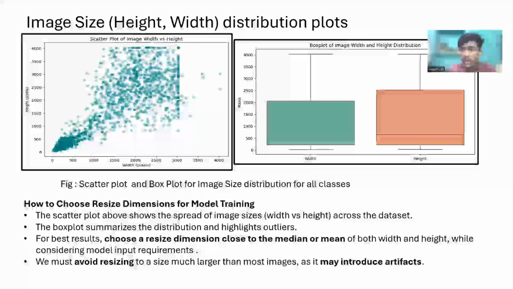But there is also a fact that we must always avoid resizing to a much larger size. For example, if you take this image, it may have some patterns over it. If you resize it, those patterns will get elongated, and the correlation between these patterns changes. Say, a bacterial image might have some black spots on it, surrounded by green leaves.